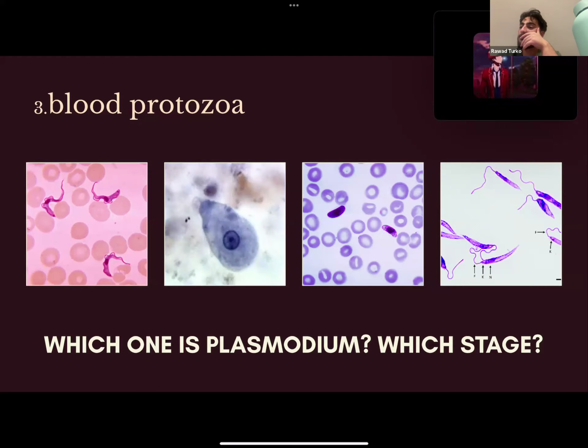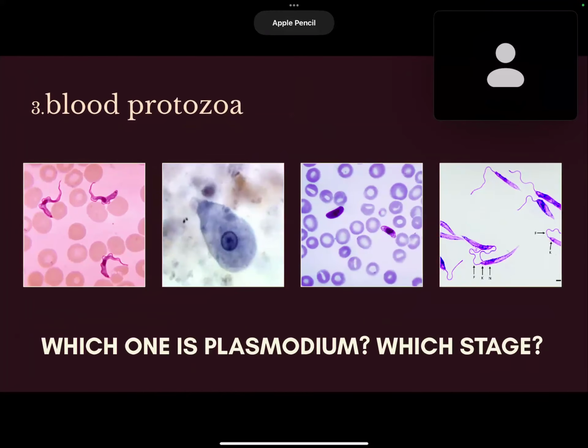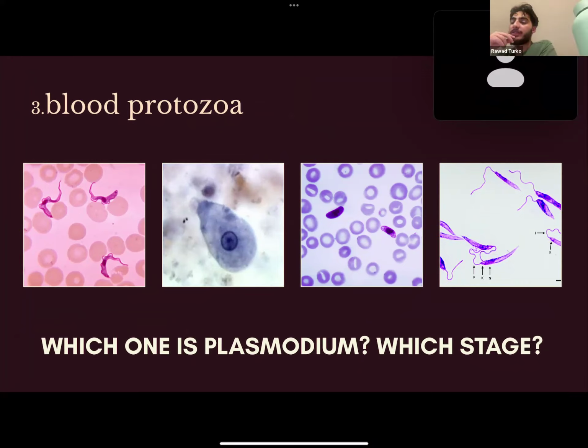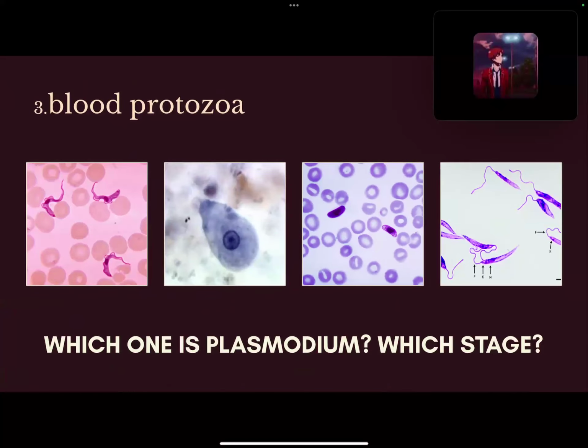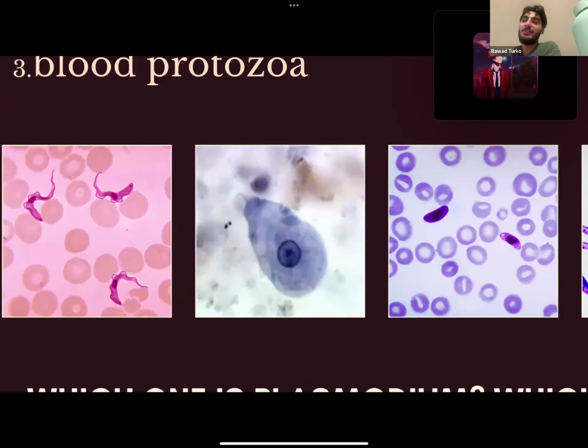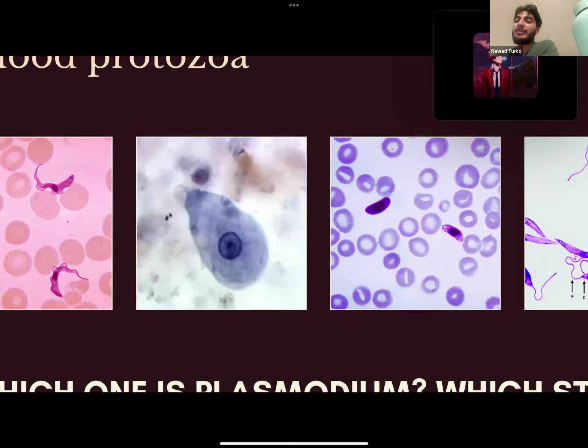Leishmania. What stage? Trophozoites? Close. Not the first one, guys. The fourth one. Promastigotes. Perfect. What about the first one? Trypomastigotes. Okay, perfect.